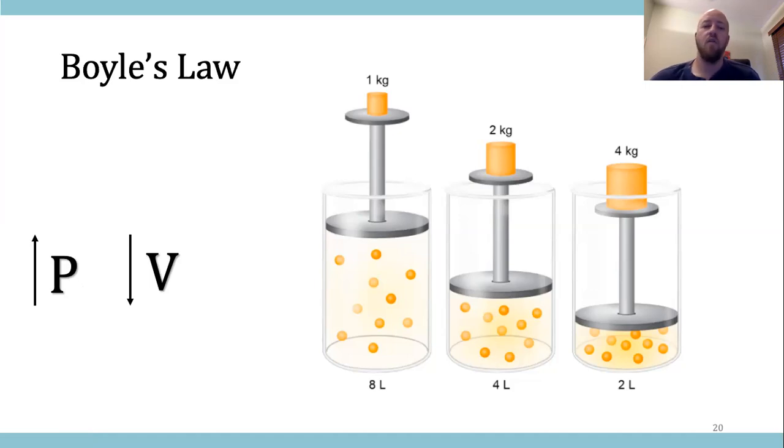So in Boyle's law, pressure and volume are inversely proportional. If our pressure is going up, so we're applying more pressure, we would expect the volume to go down. And so my answer should be a lower volume than my first given volume.